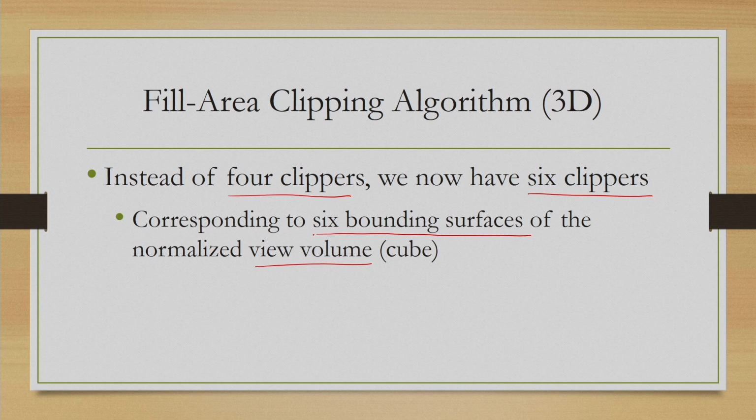So, these are the differences between the 2D version of the algorithm and the 3D version. Earlier we considered a line at a time for clipping, now we are considering a surface at a time. These surfaces are polygonal surfaces, and we can convert them into triangular meshes, and then perform clipping for each triangle at a time.